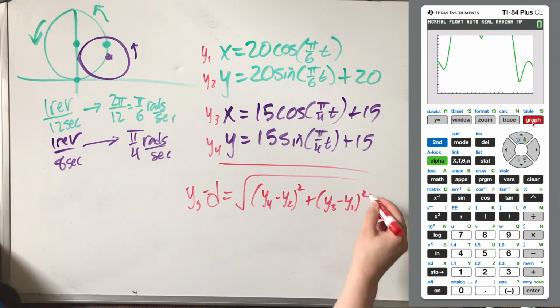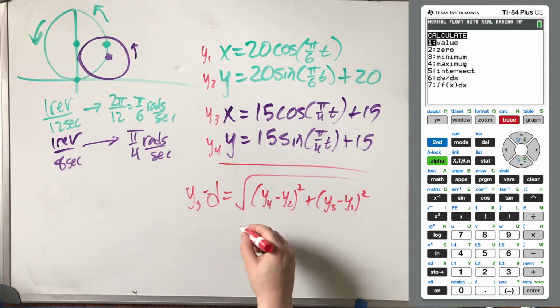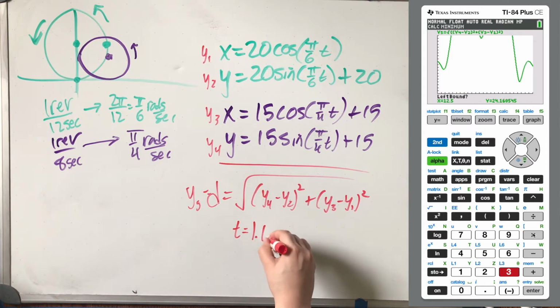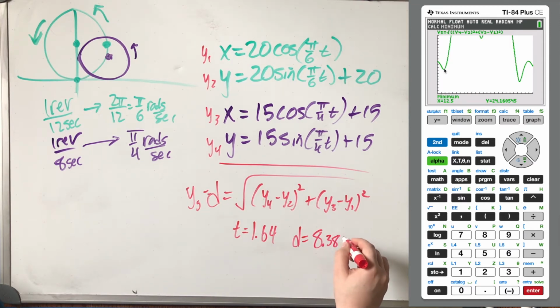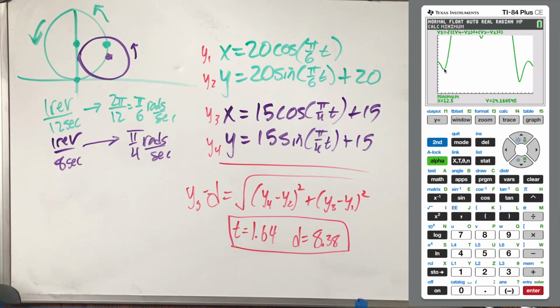I hope you didn't. But I can basically do this, hit graph. When I hit graph and find the minimum after it takes 9 years to graph, I'm going to get a t-value of 1.64 and a minimum distance of 8.38. This is what we get at first, if we don't do anything else.